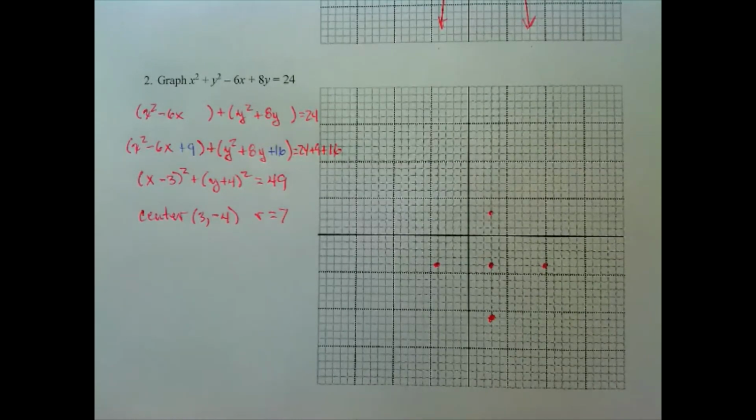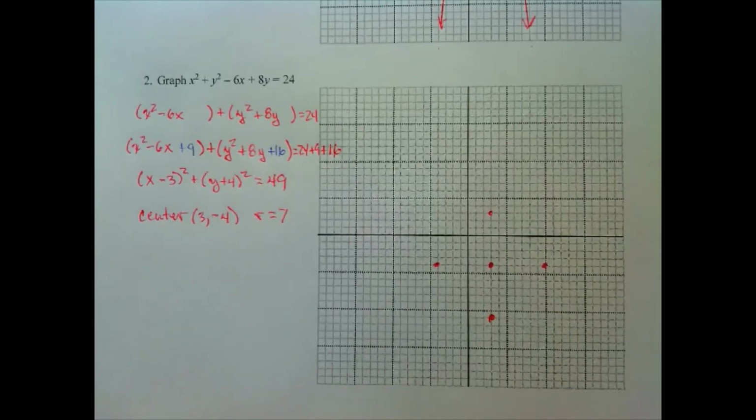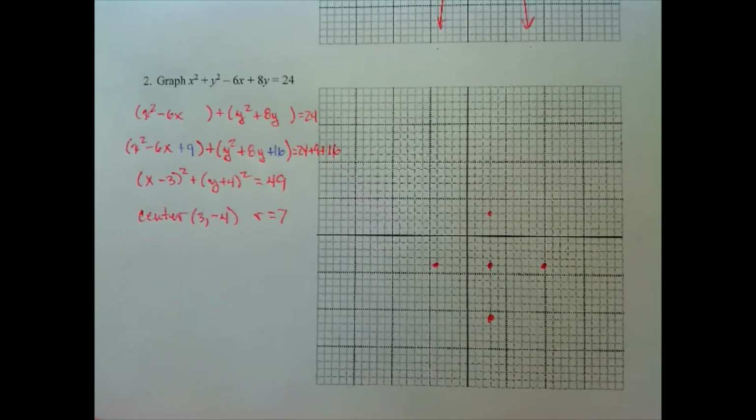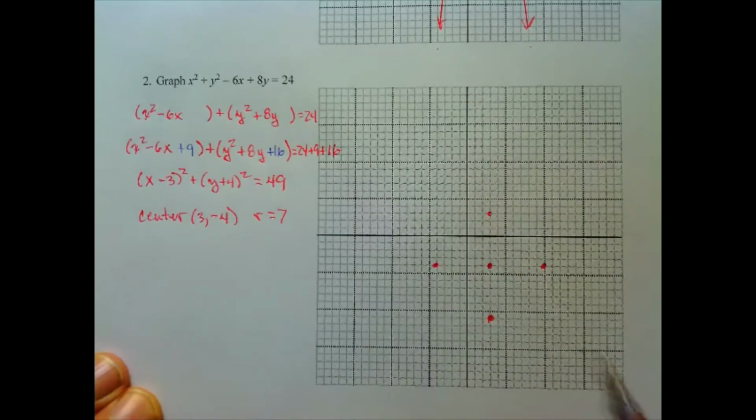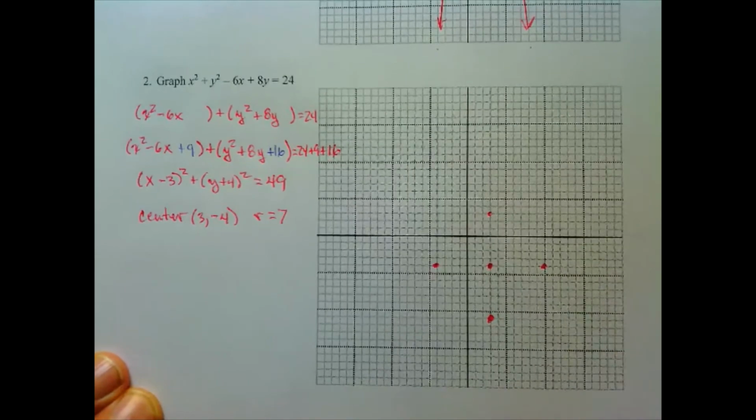And then the second part of making the graph is I have to have 4 additional points so that I can trace out the circle. Obviously right now it looks more like a diamond or a square. And no, you can't just kind of fake it around these points. You need to actually show me the work for getting the other 4 points. So you usually want to pick something that's kind of in the middle.